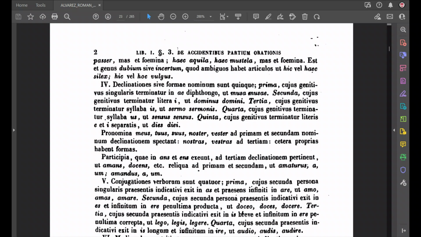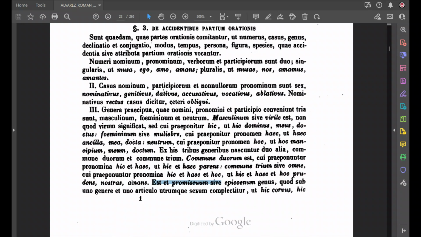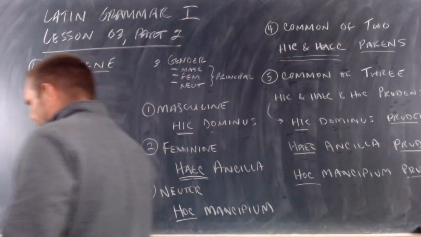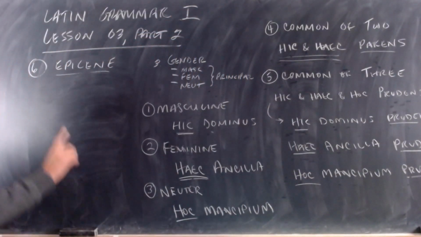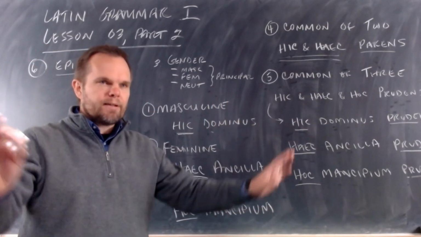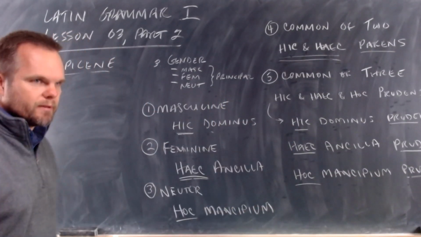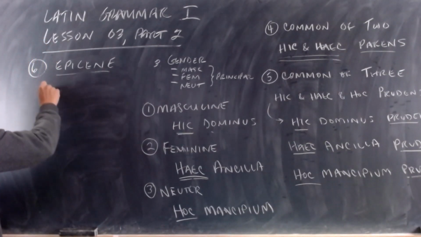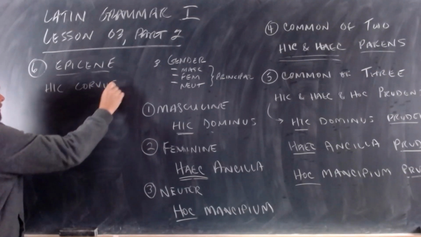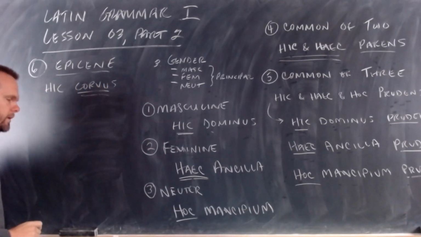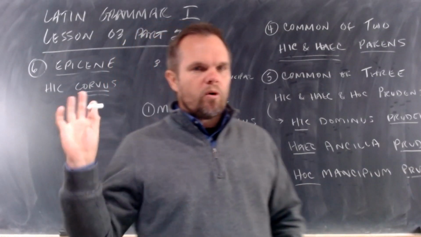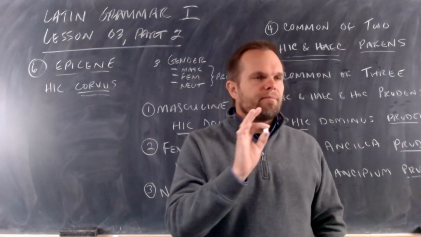And they refer both to the masculine and feminine. And I'll show you what this means. Let's take a look. So the epicene gender means under one gender and one article, both masculine and feminine are named. And the example that's given to us, I'll use hic corvus. So if we think about a crow, that's what corvus means. We have masculine, right?